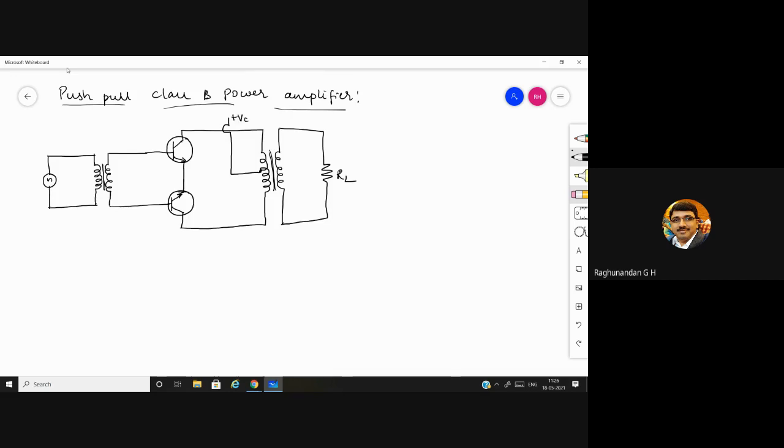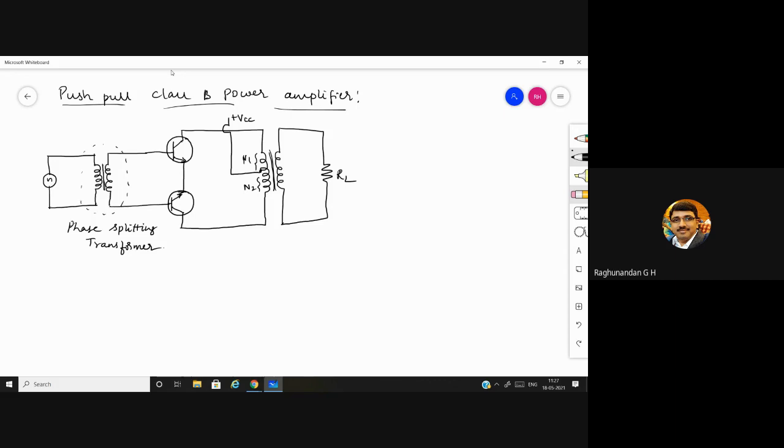This is plus VCC, and it will be connected to this. And this is N1 and this is N2, the number of turns. The transformer we have used at the input side is working as a phase splitting transformer.